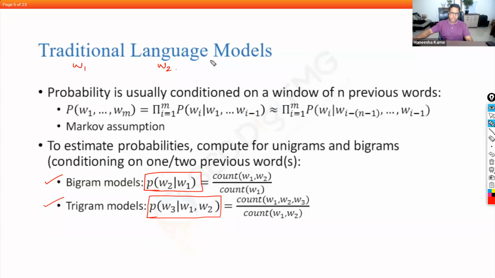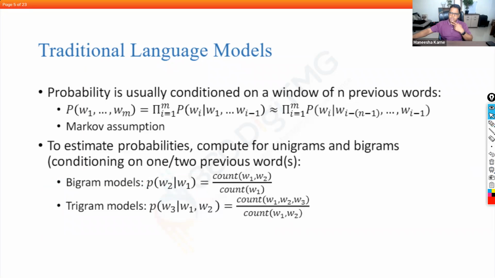Then you also have trigram models. What is the probability that you will have word 3 given that word 1 and word 2 have already appeared? So here you look at how many times word 1, 2, and 3 have appeared together divided by the number of times word 1 and 2 have appeared. This would give you the probability.